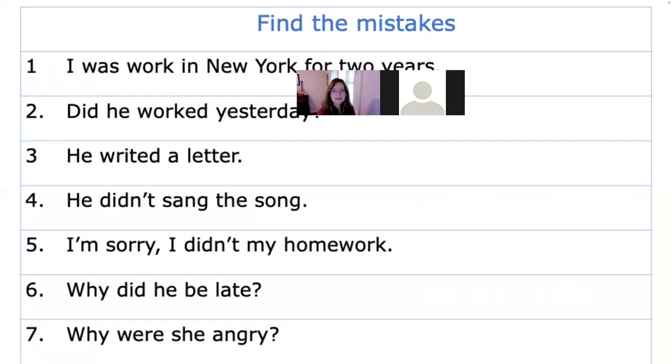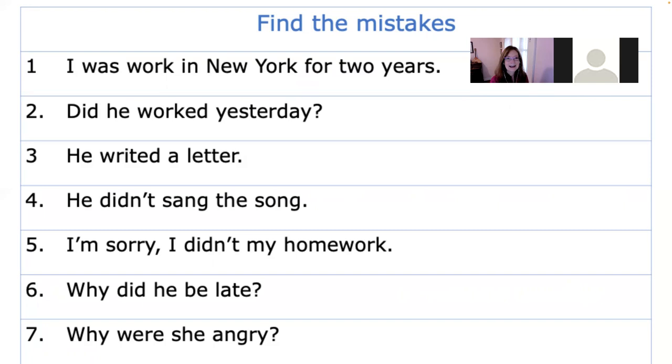And so finally, I have some examples of sentences that have common mistakes. You can see here, each of these have mistakes that students often make. For example, in number 1, we've got, I was work in New York for 2 years.